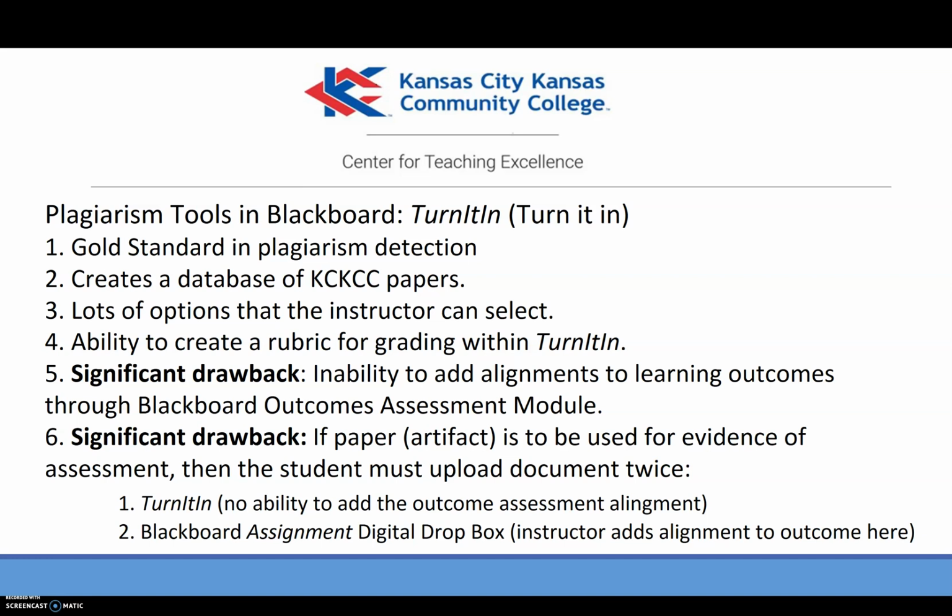So you'd have to have one for TurnItIn, where the plagiarism detection happens, and then another one for the assignment Dropbox to have the learning outcomes attached to that. So again, something to think about in terms of what is going to work best for you.